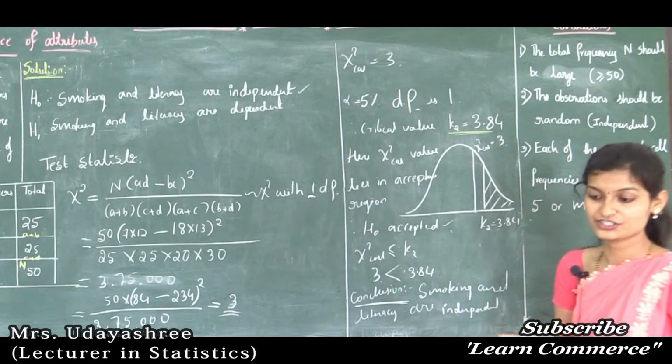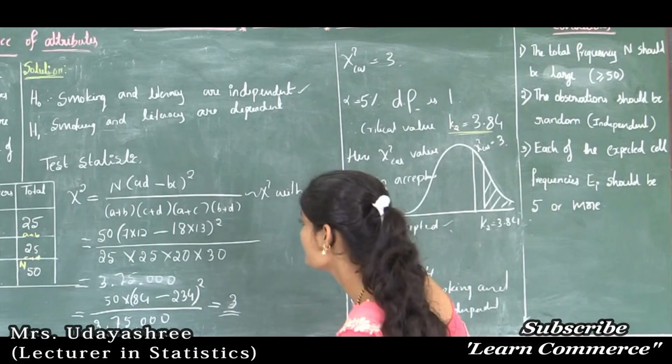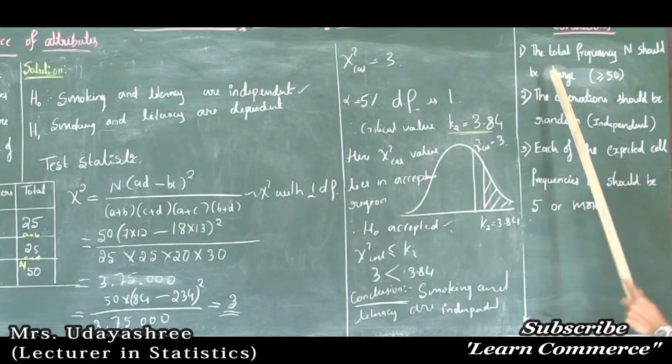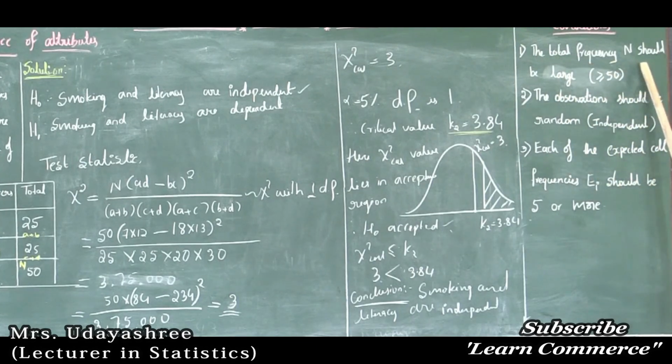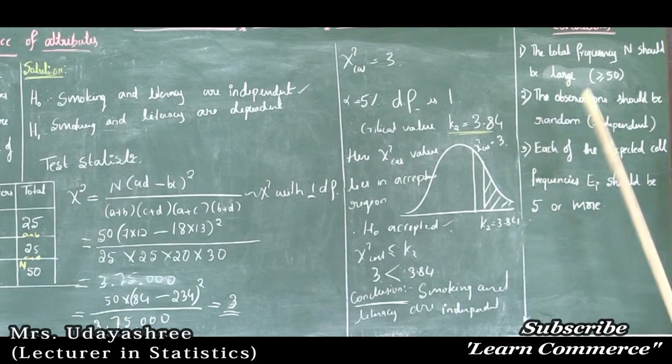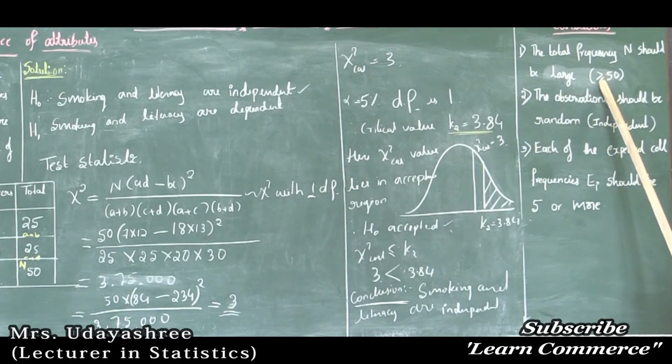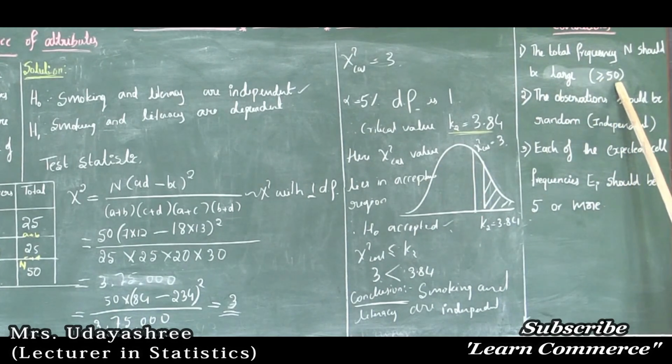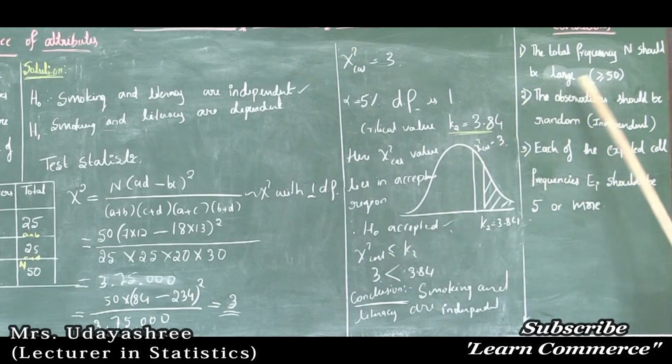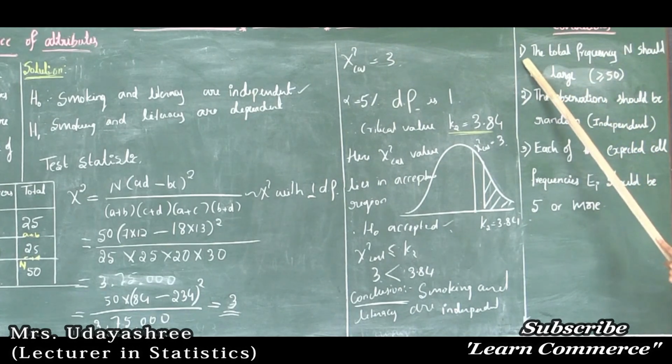And see the conditions here. The conditions are like this. The first one: the total frequency N should be large. Here capital N is 50, so it should be greater than or equal to 50, and here N is 50, so we can accept that because it is equal to 50. So N is large and the first condition is satisfied.